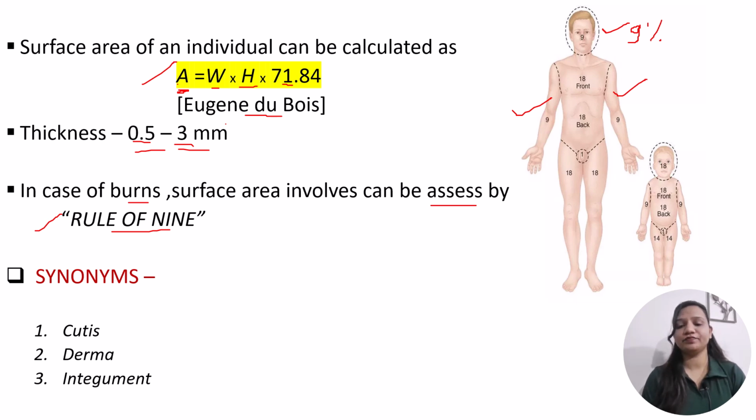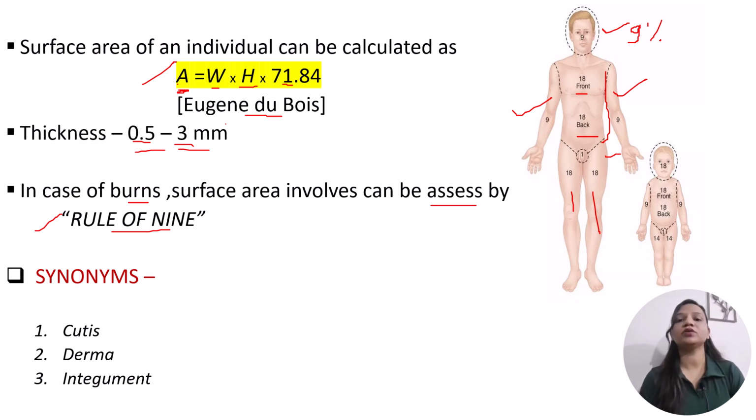Then in trunk, the front of trunk is denoted by 18% and back of trunk is denoted by 18%, and both the lower limbs are denoted by 18% each, and the genital region in adult is denoted by 1%.